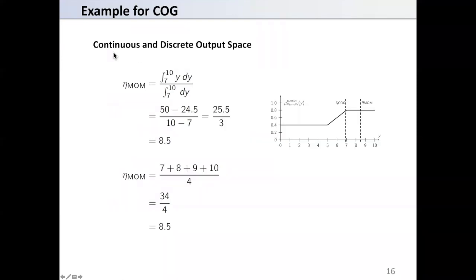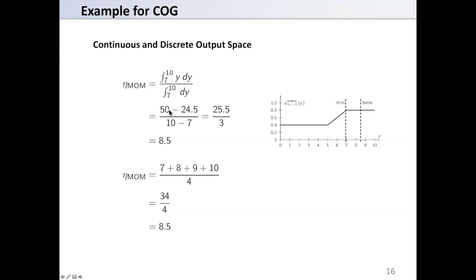However, if we are going to find the mean of maximum for the continuous case, from 7 to 10 the membership value for the output is maximum. So we are considering this region from 7 to 10, y dy, and also from 7 to 10 we are considering dy. And if this is calculated, for y dy the integral is y squared divided by 2, and it is calculated at endpoints 10 and 7.